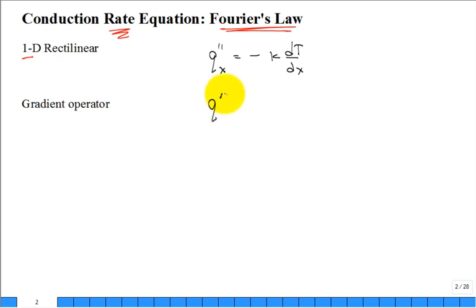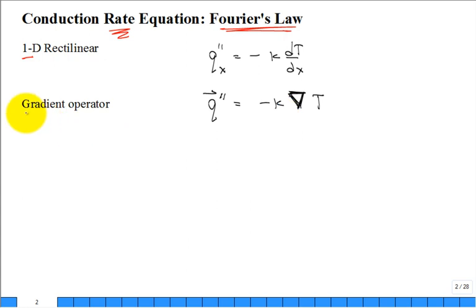You would write q double prime, and it's a vector quantity, equal to minus k times the gradient of T. What is this symbol? Upside down delta symbol? Gradient. Yeah, you remember the gradient. So the gradient of the temperature field.